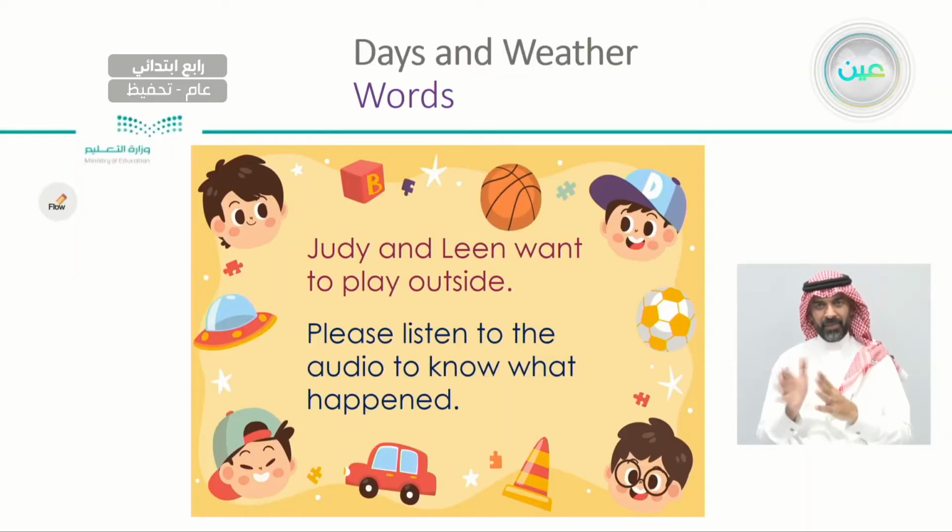Okay, so usually after these sounds, heavy rain falls because the clouds are so heavy with water. Okay? Now, after all of this weather, let's listen to what Judy and Lean have to say.